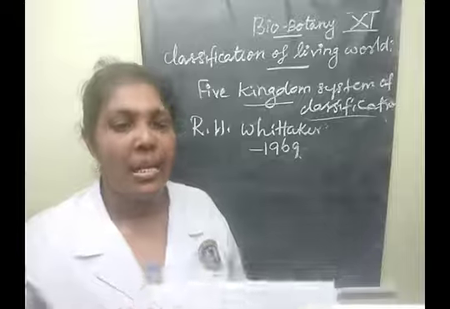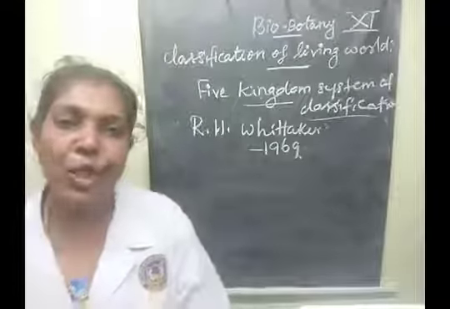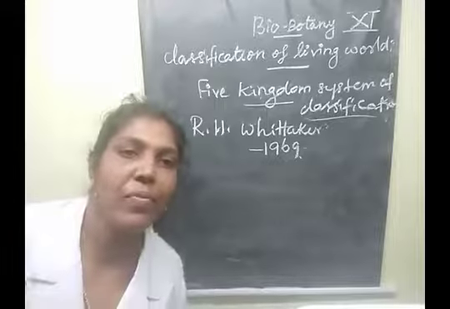Clear? The next one: what are the merits and demerits of the five kingdom system of classification?